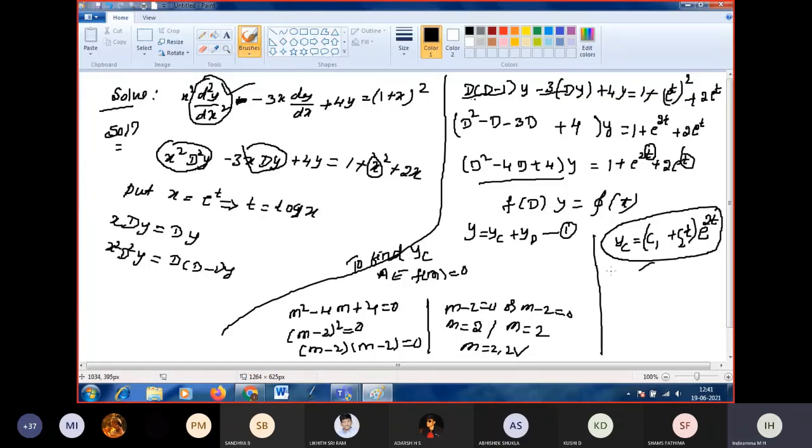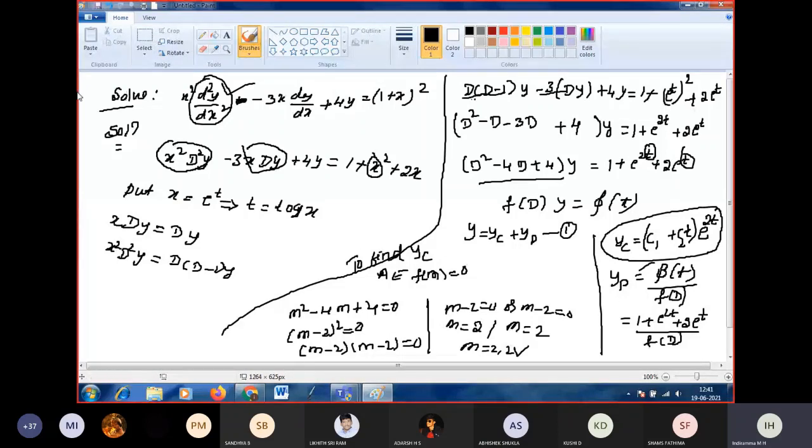Next we go for yp. yp is equal to phi of t divided by f of d. What is phi of t? 1 plus e power 2t plus 2 into e power t, divided by f of d. Now split the numerator: 1 by f of d plus e power 2t by f of d plus 2 into e power t by f of d.